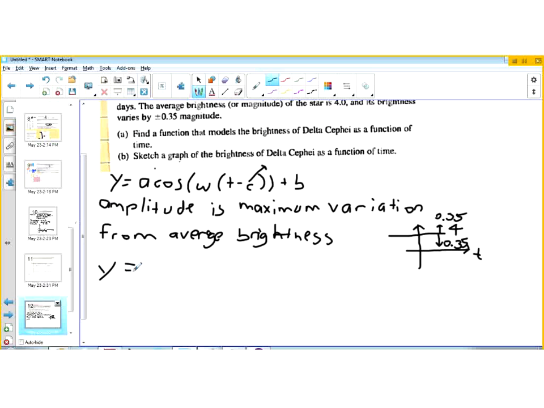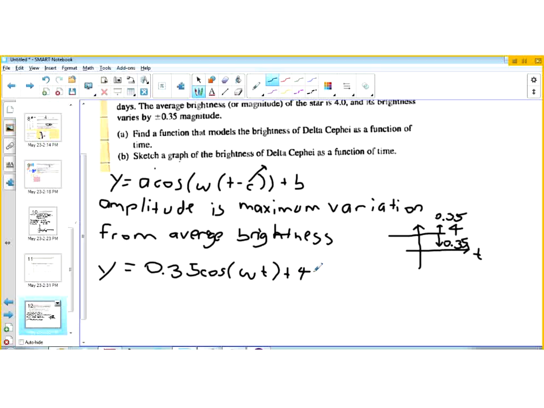Our equation becomes y is equal to 0.35 times cosine of omega t plus 4.